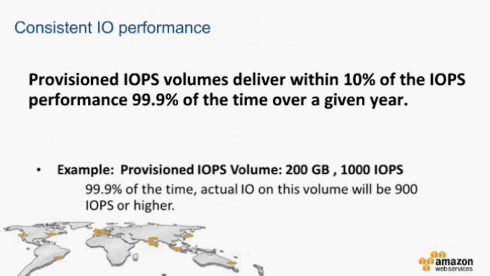So for a 1,000 IOPS volume, 99.9% of the time, which is the vast majority of the time, the actual I/O performance on that volume will be 900 IOPS or higher. Now there's an important little asterisk on this measurement, and we'll talk about this in a little more detail going forward, but for database transactions, recognize that at 1,000 IOPS, that means that you're spending a single millisecond for each operation.